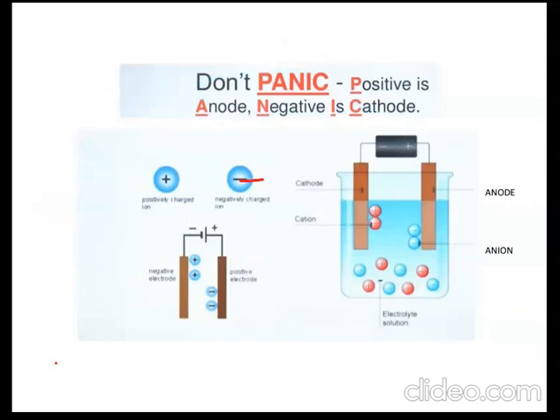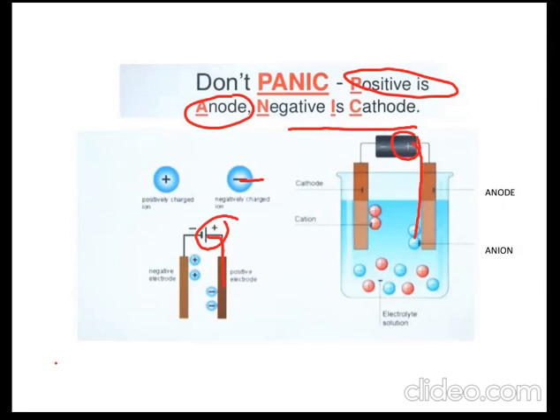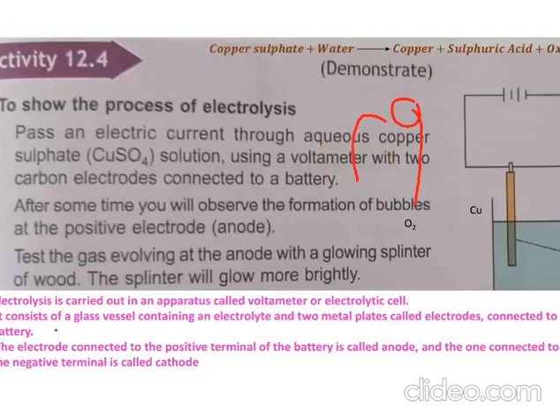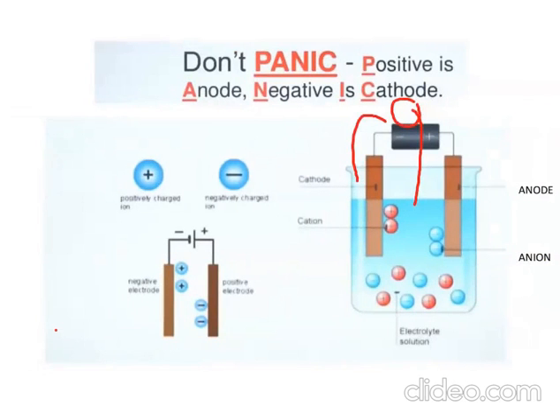Positive is anode, meaning the terminal connected to the positive of the battery is the anode. Negative is cathode, and the rod, the plate connected to the negative of the battery, is the cathode. So this is the trick to remember anode and cathode. Okay, children, this is it.